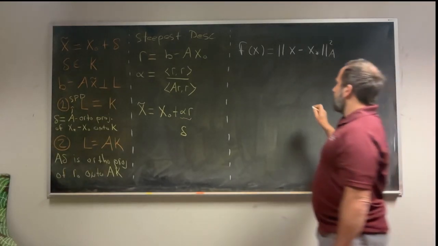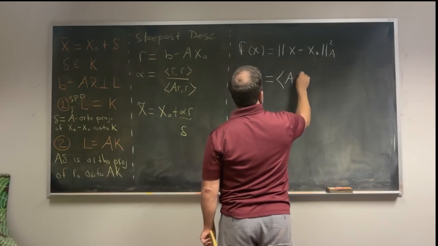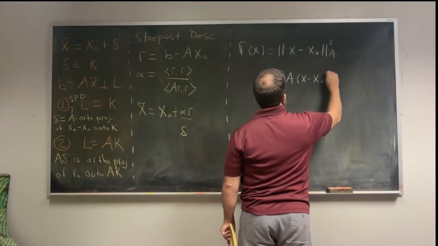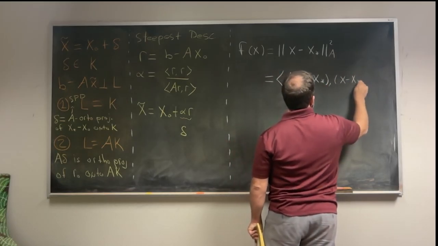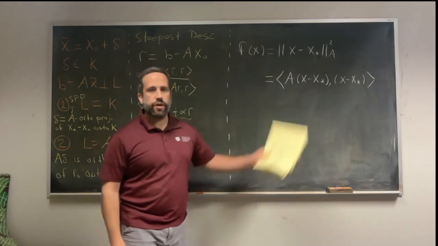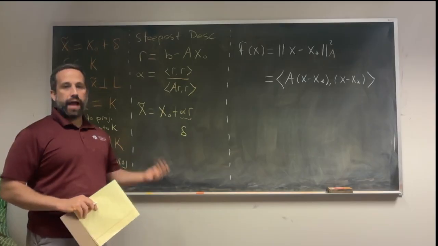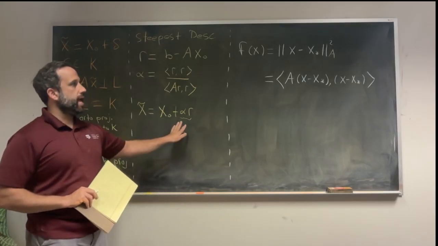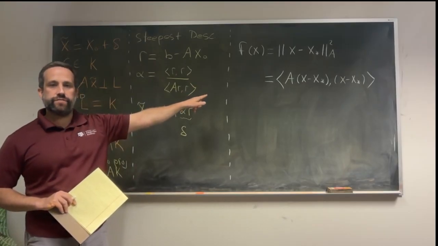Okay, now if you write out what this is, just A times (x minus x star), (x minus x star). And if you take the gradient of this, you're going to see that it is minus a multiple of r. Now I will let you look online about how you can take the gradient of something like this.